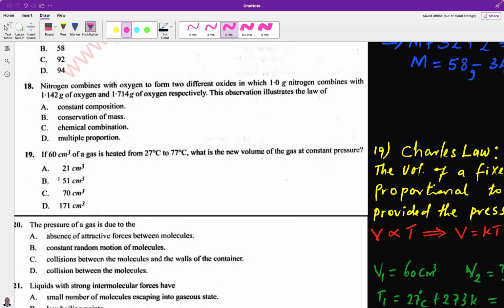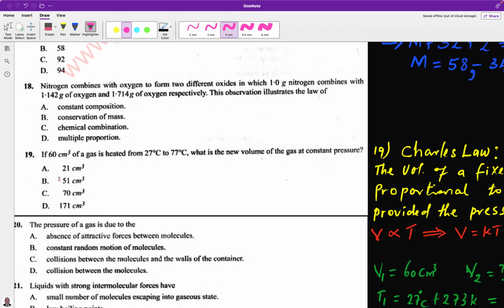Now, these observations illustrate the law of: A. Constant composition. B. Conservation of mass. C. Chemical combination. And D. Multiple proportion.